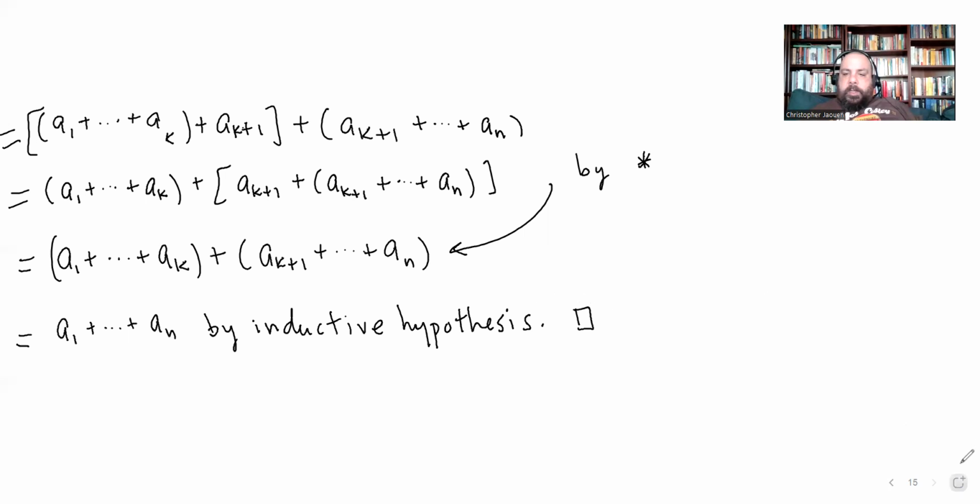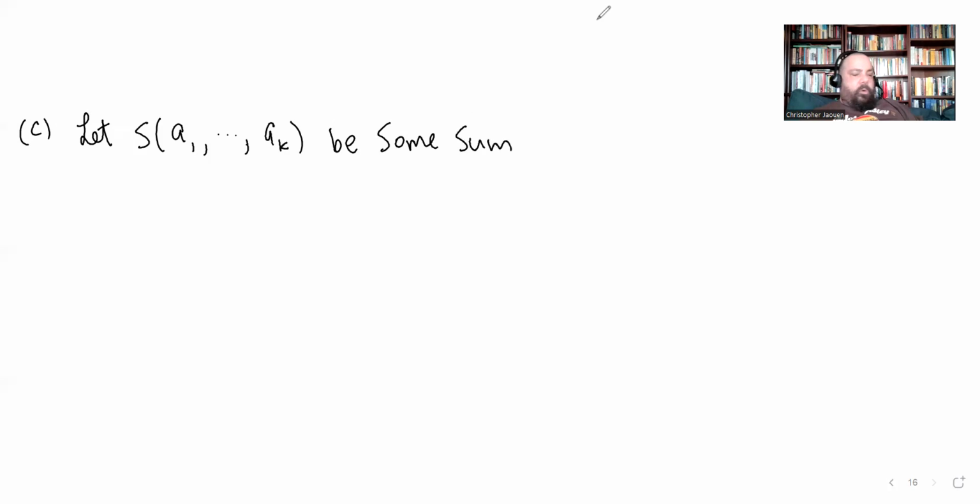Let's go on to part C. All right, so here again, he gives us a definition. So let this be some sum formed from a1 through ak.